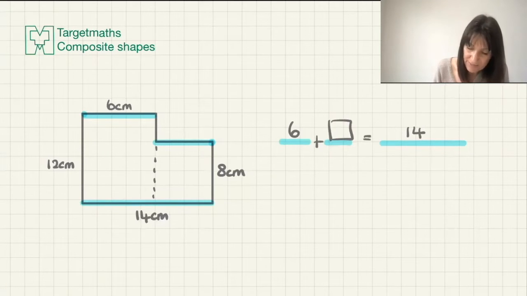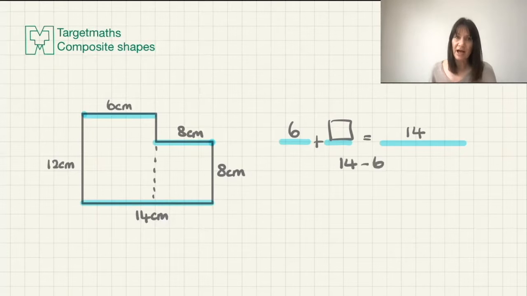All right, so the missing number there is 8 centimeters. 14 take away 6 is probably where you're comfortable and where you would be able to just do your maths without the lines. But if you are getting in a pickle, that is a great way to deal with it.